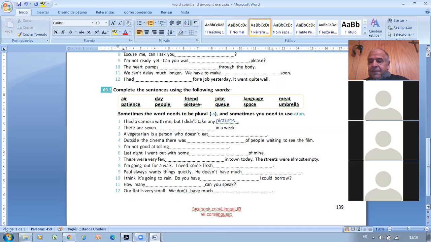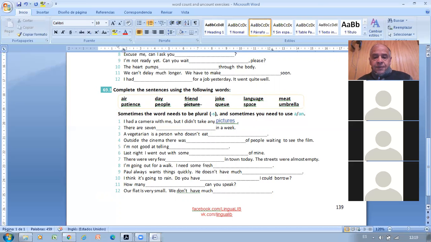Queue is a line, right? Yeah, perfect. Nowadays, for example, people who are withdrawing the 10% from the AFPs have to make a long queue or a long line to receive that money, right? So that is a queue.